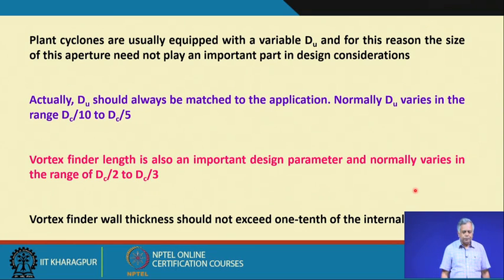It is because of the logistics. You can have some kind of threading mechanism with the entire cyclone body, that is, with the conical part.